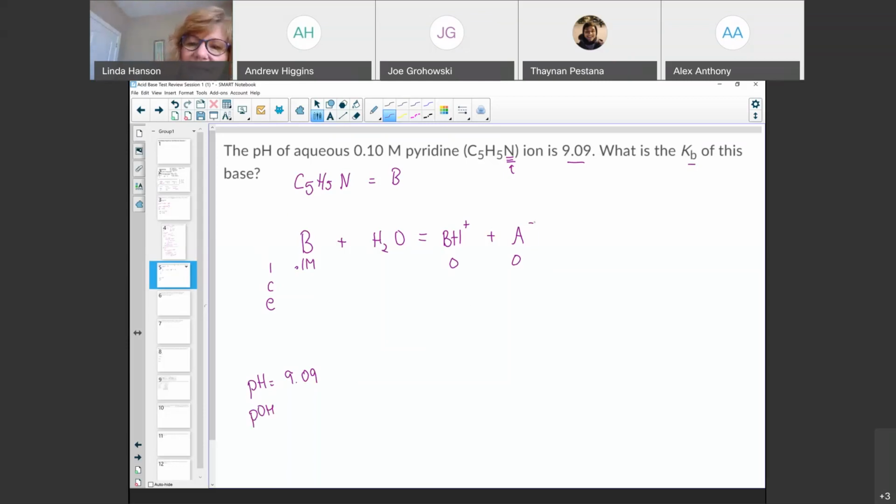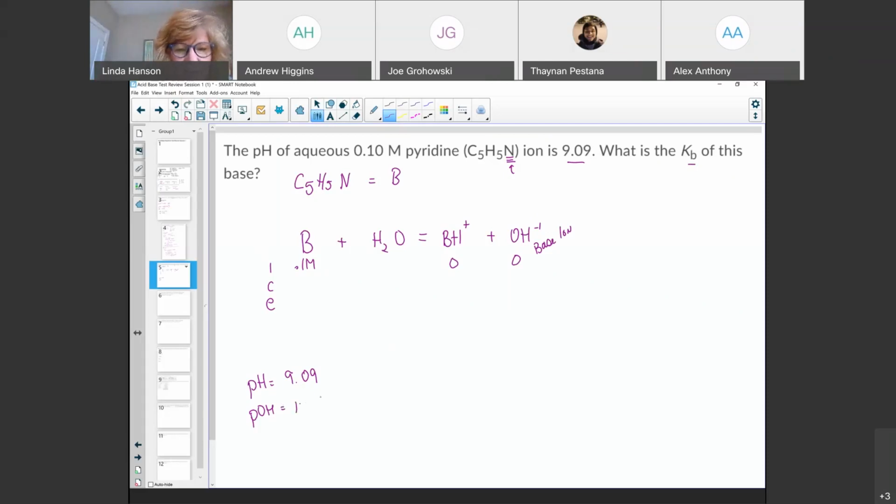Why did I write A negative? I'm so sorry, folks. I meant to write OH negative. There's the base ion right here. I think A negative is what I write for acids all the time. So that makes it a little easier to see where the base ion is, the OH negative.